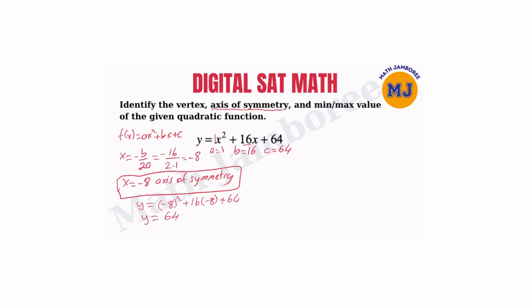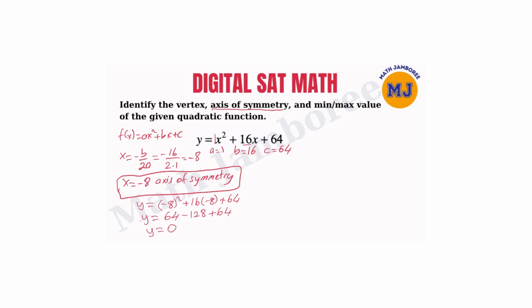It's going to be negative 128 plus 64. So when you do the calculation, 64 minus 128 is negative 64, plus 64 is 0. So the y is 0.